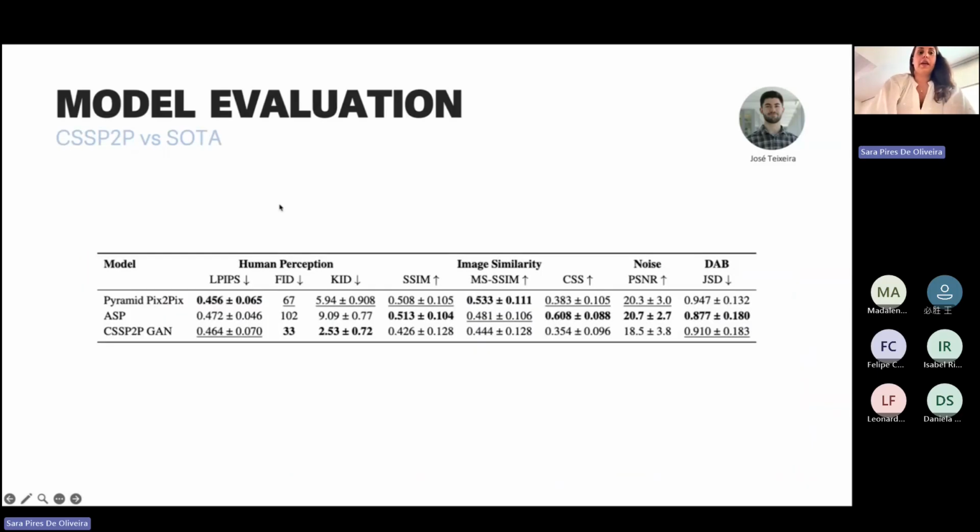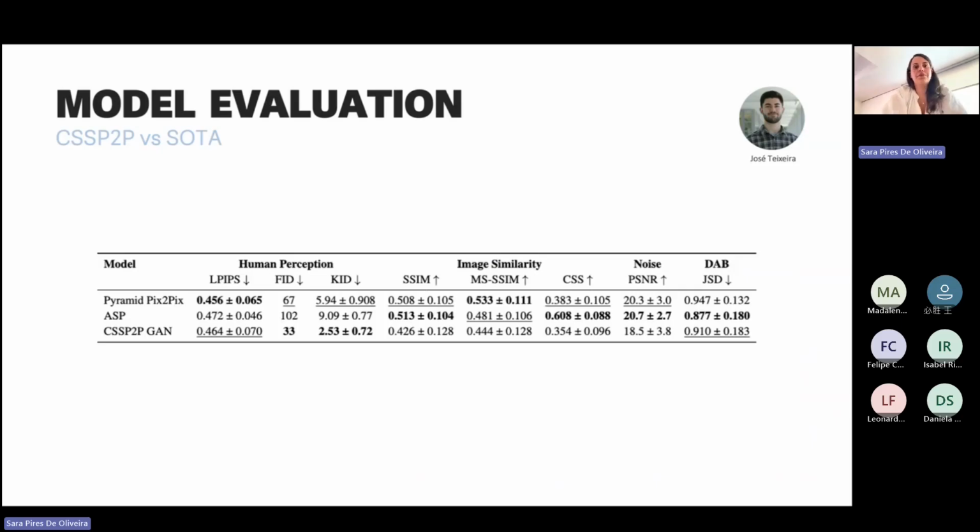And of course, we then have to compare with, let's say, state of the art. And because our model kind of combines a bit of the pyramid pix2pix and the ASP, these were the models that we compared to. And so we retrained both models on our datasets.